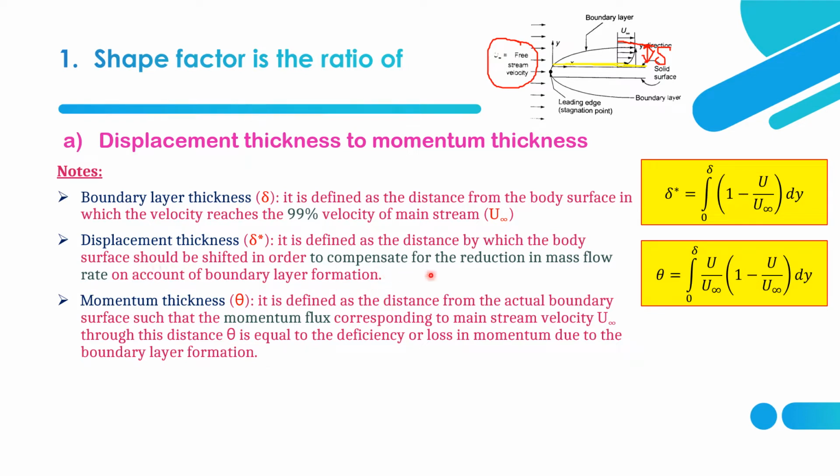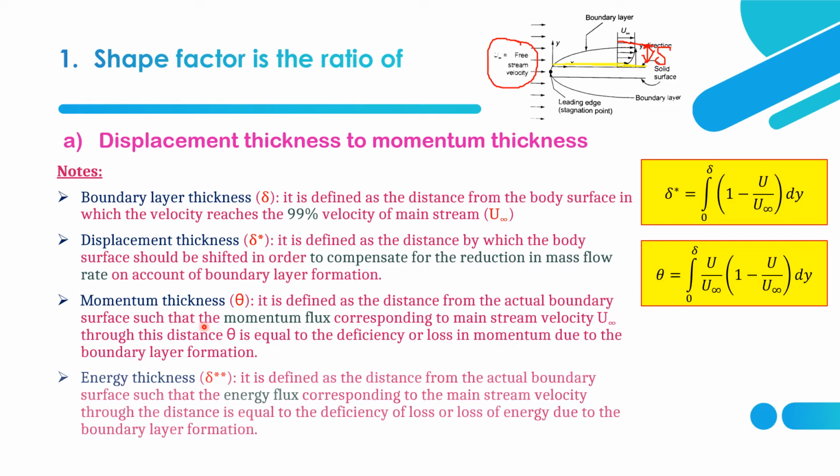One is the reduction in mass flow rate, so that will be compensated by displacement thickness. Another one is loss in momentum, so that loss in momentum will be compensated by momentum thickness. And next is the energy thickness. Energy thickness means there will be energy flux, energy per second, corresponding to mainstream velocity. So that deficiency will be compensated by energy thickness.